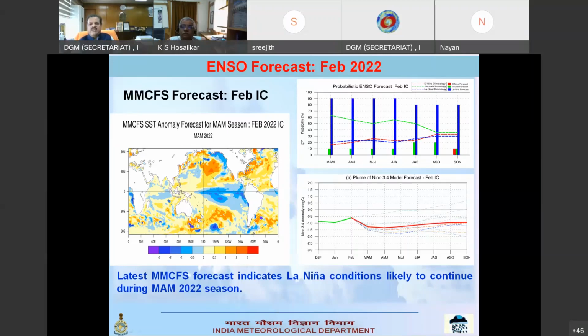The probability of La Nina conditions continuing in March, April, May, and April, May, June is evident as per the Monsoon Mission Climate Forecast System. This is another ensemble diagram. It shows how the temperature is expected to behave in the coming months. The forecast indicates that La Nina conditions will continue.